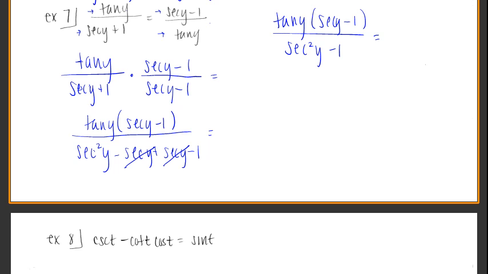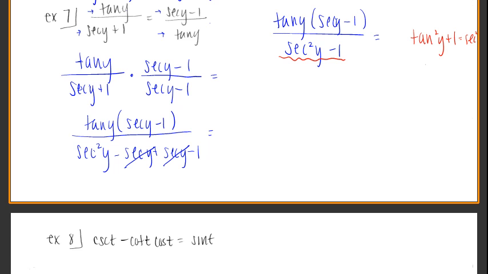Okay, so right now I've still got some work to do, but this bottom right here is kind of looking familiar. I'm going, okay, what is secant squared y minus 1? Well, we have that identity. The identity says that tangent squared, we'll say y this time, plus 1 is secant squared.